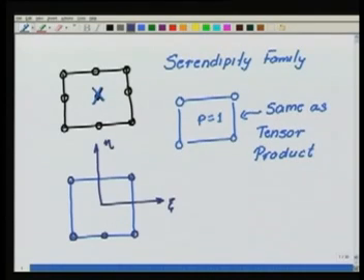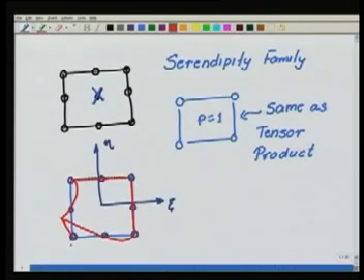What I am going to do is add 4 more nodes. That is, from the tensor product element, I am removing the interior node. Now I want to define, again using the Lagrangian definition, the shape functions such that they have a value 1 at one of the nodes and become 0 at all the other nodes, and they are 0 on this edge.